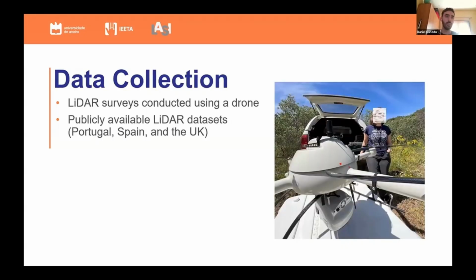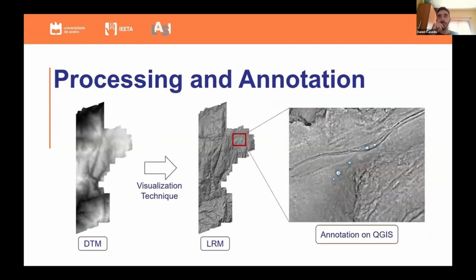As for the data collection, our archaeology team did some LiDAR surveys here in Portugal, and we also collected some publicly available LiDAR datasets from Portugal, Spain, and the UK. The LiDAR data is essentially 3D point clouds, which are quite heavy on a computer. So what our team did was process those point clouds to obtain a digital terrain model. That's what you see on the left side, which is already in 2 dimensions.